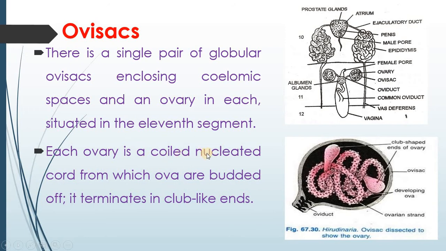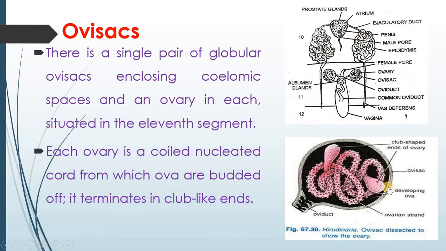Each ovary is a coiled nucleated cord from which ova are budded off. It terminates in club-like ends. In the picture, this is the ovisac dissected to show the ovary, in which you can see the club-shaped ends of the ovary.